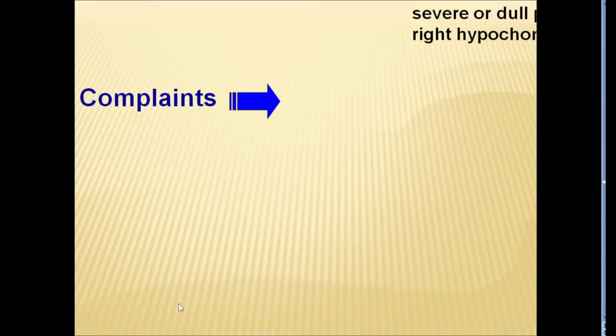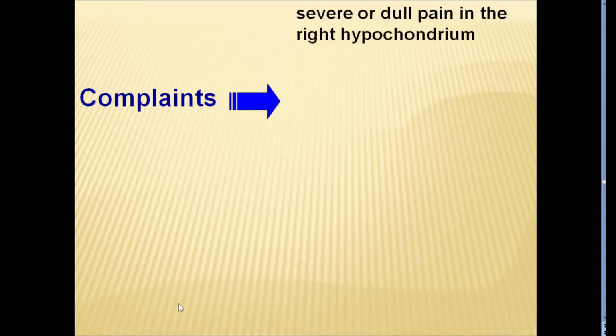Let's see the clinical characteristic of this jaundice. It depends on the primary pathology. If the cause of obstructive jaundice is cholelithiasis, the patient enters the hospital with attacks of biliary colic. He complains of severe spastic pain in the right hypochondrium.